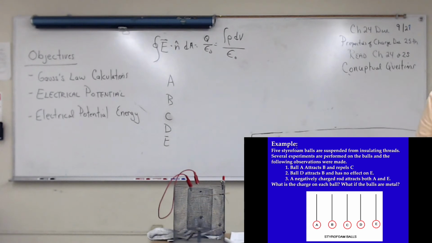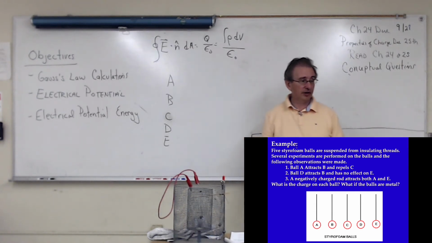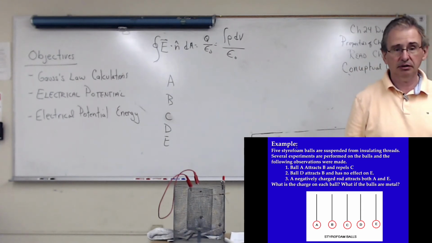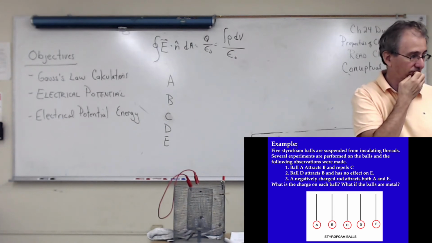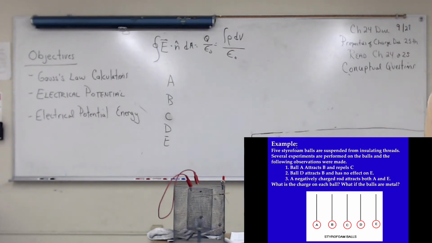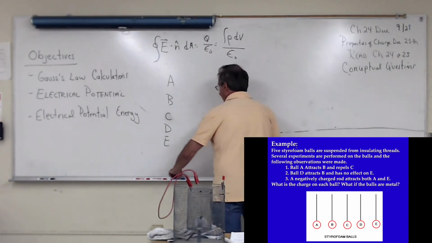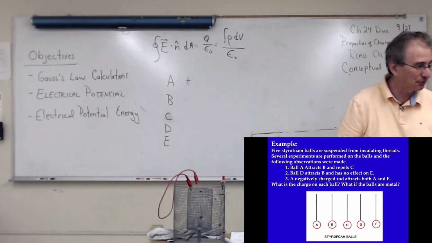So, what is the charge on A? Tell me. What do you think it is? Is it positive, negative, or uncharged? Those are the choices. Okay, let's see. A is positive. Let me write this down. And we can argue if we want about it. A is positive. The monitor's too far away.